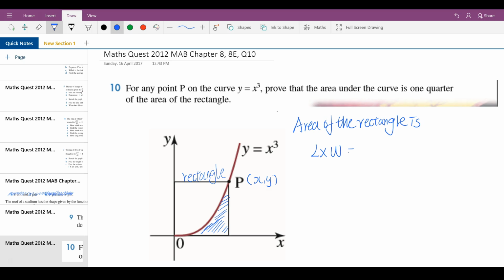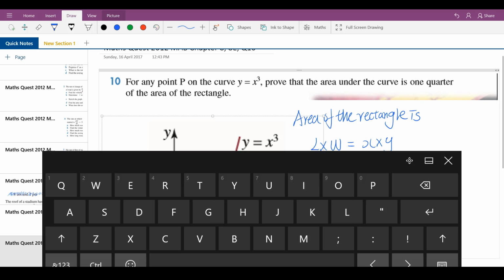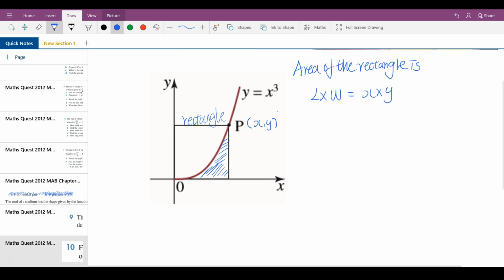In this case it is x times y. We just have to choose a number first. So let x equal, let's say, 4. Therefore, y is equal to 4 cubed. 4 cubed is what? 4, 4, 16, 16, 64.